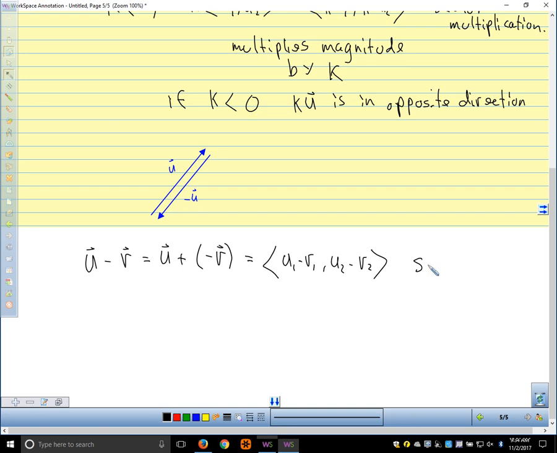We subtract the components. And this is still part of vector addition. We can think of it as adding a negative.